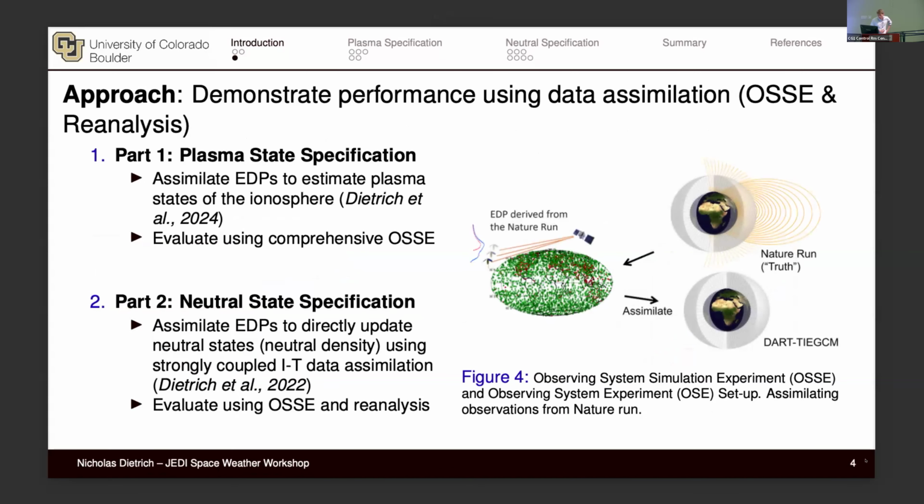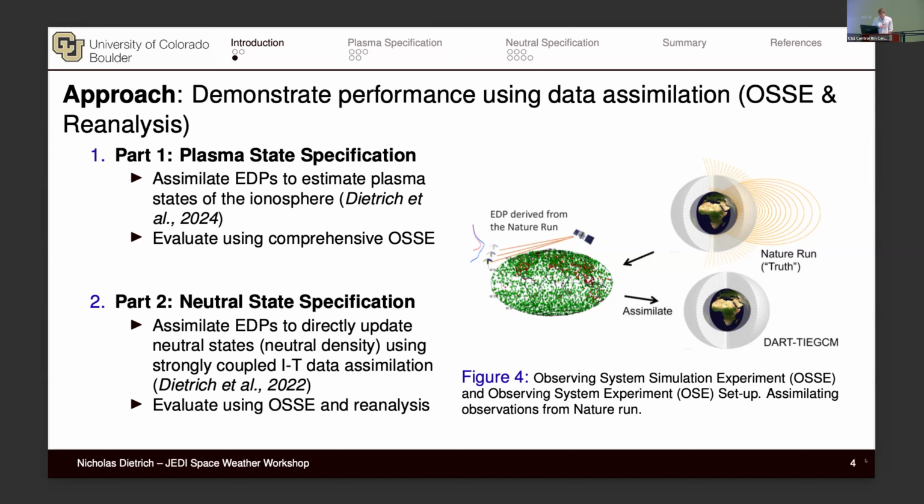I'll go through two different sections where I'm using RO EDPs and assessing them for two different purposes. The first is plasma state specification, and I'll do this in a comprehensive OSSI approach, more so to guide and inform future mission planning of RO missions.